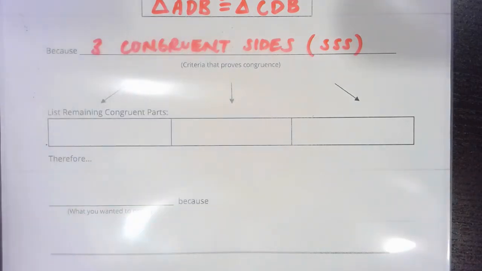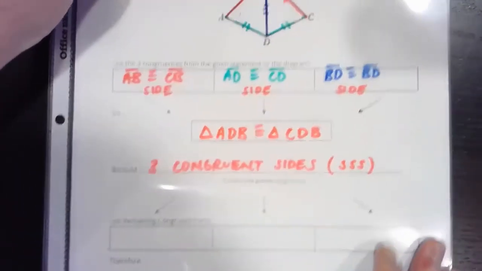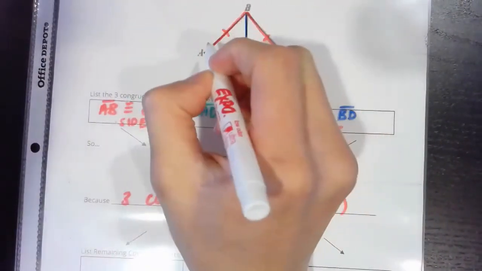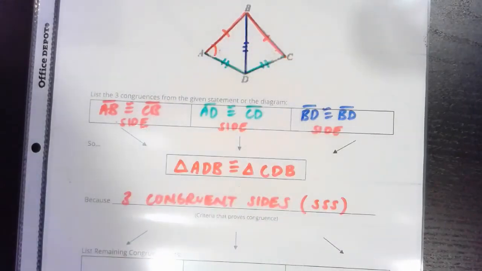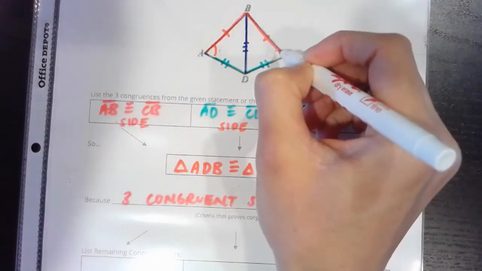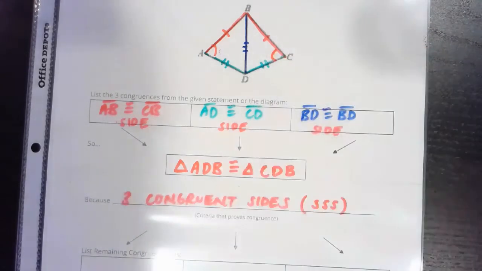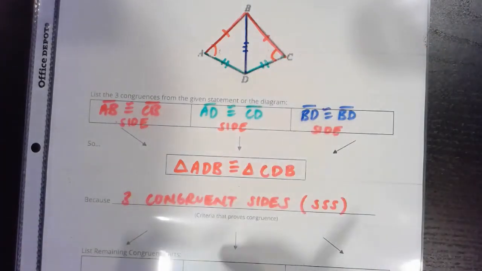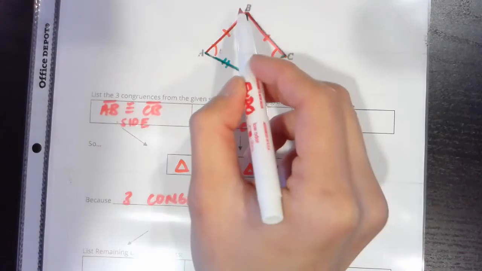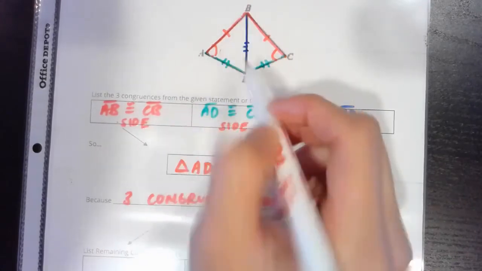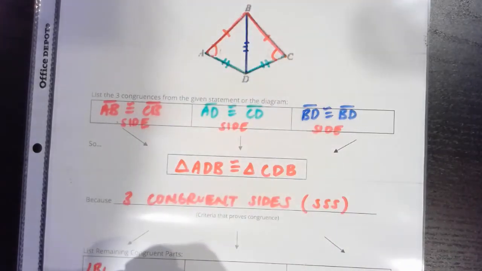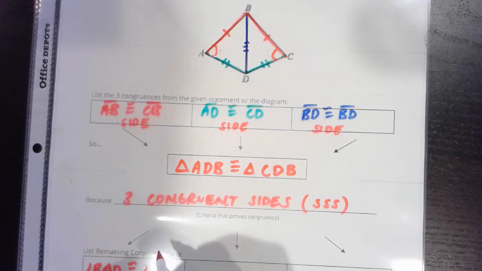Let's also list the three angles that are congruent. We know that angle A has to be congruent to angle C. And I'm going to be more specific. I'm going to reference this as angle BAD is congruent to angle BCD.